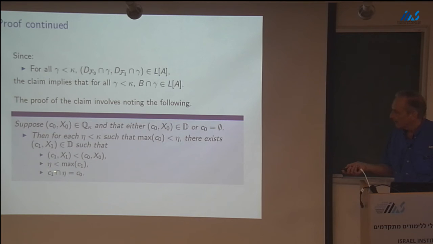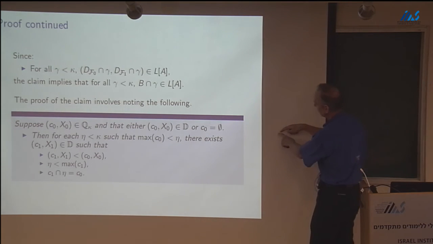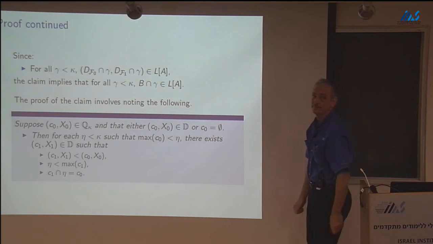Eta is less than the maximum of C1, so you're lengthening past eta, but you add no elements to C1 up to eta. So you can think of it as we have a condition. You give me an eta. I can lengthen this condition and get into my dense set, but add nothing in this window.